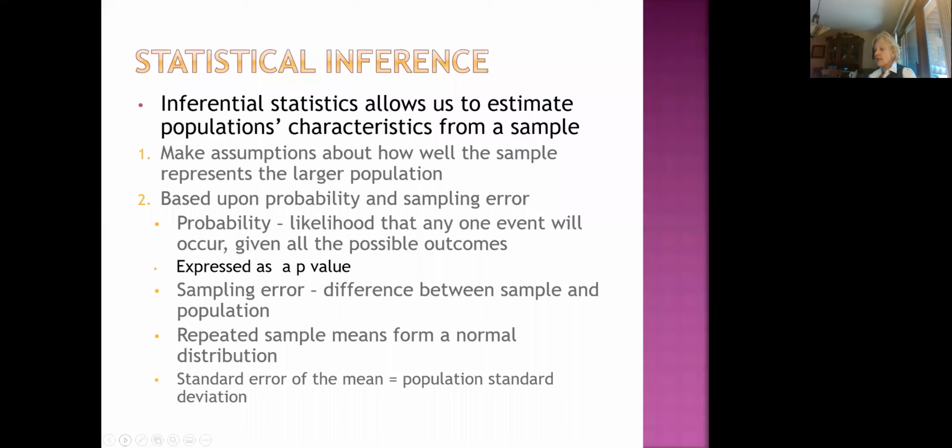So probability is the likelihood that any one event will occur given all the possible outcomes, and that's expressed as a p-value. The sampling error is the difference between the sample we draw from that population and the population as a whole. And repeated sample means form a normal distribution. And the standard error of the mean is equivalent to the population standard deviation.